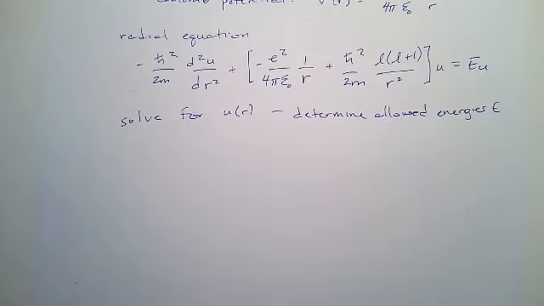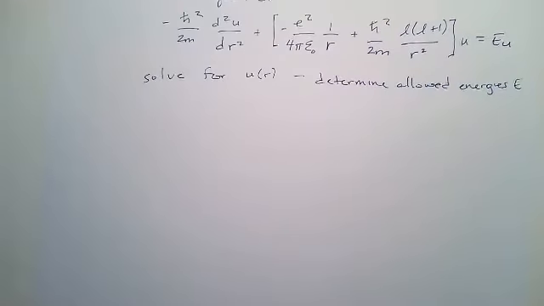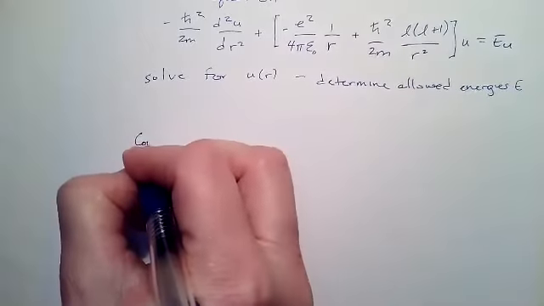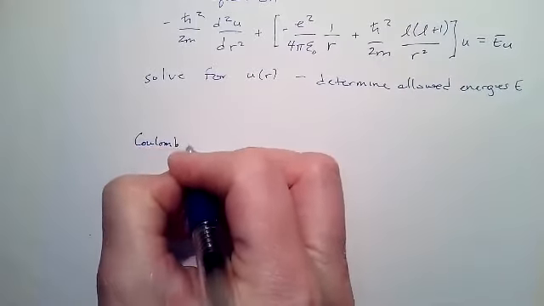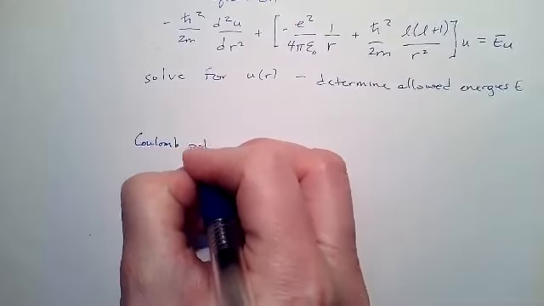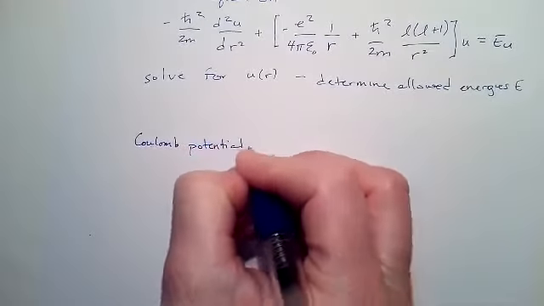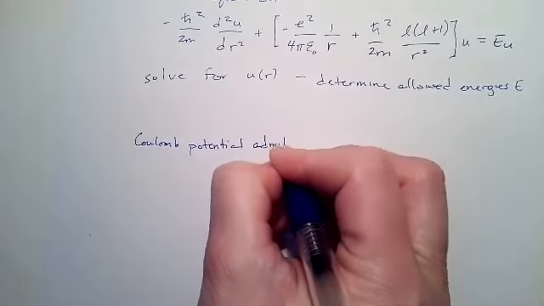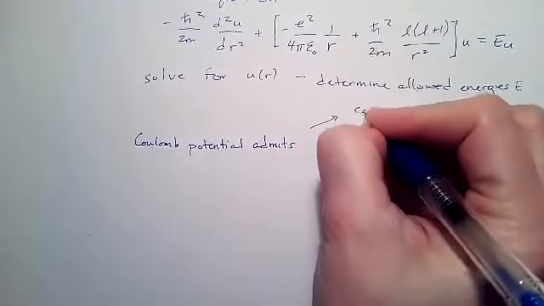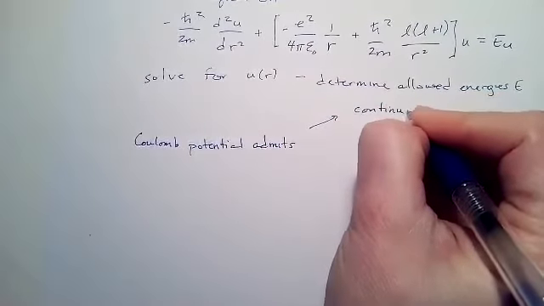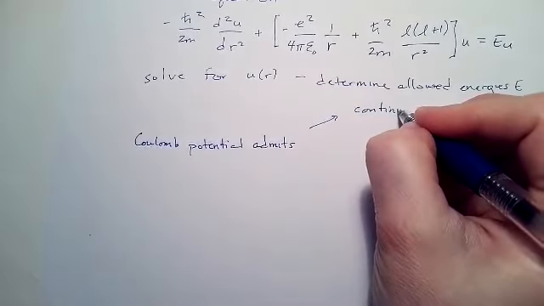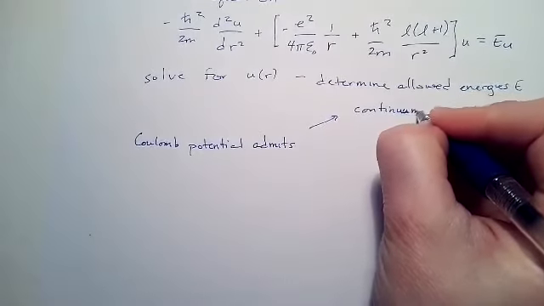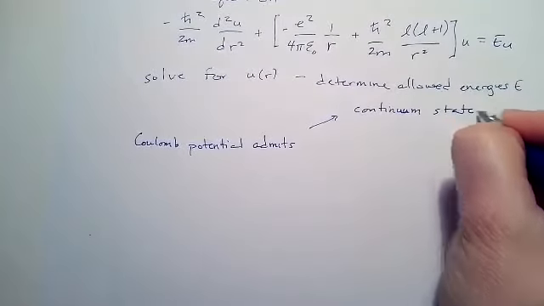Okay, so we're going to use actually the same method that we used for the harmonic oscillator in chapter 2 to figure this out. So what's going to happen, as with our harmonic oscillator, our Coulomb potential is going to allow two things. This potential energy that we've put in the Schrodinger equation admits continuum states.